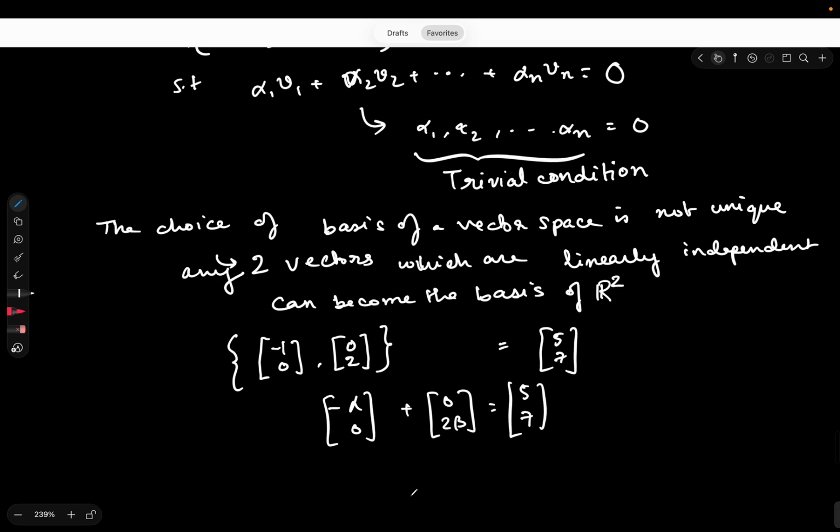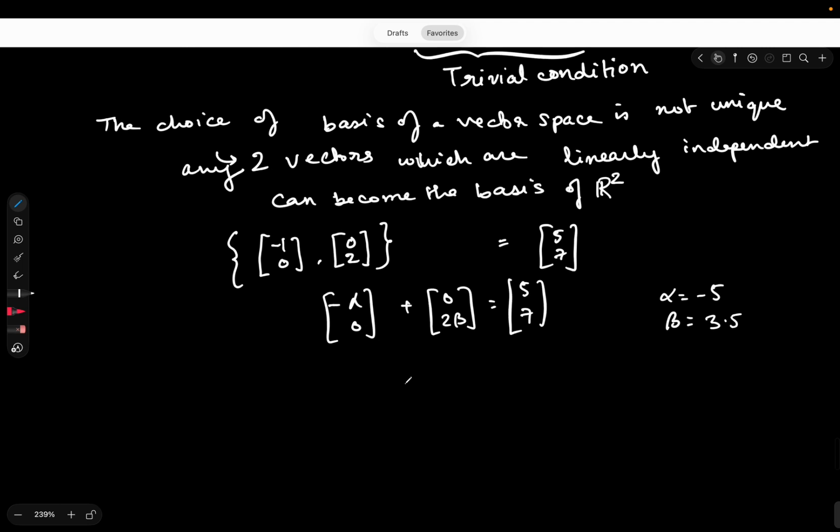So we get to know that alpha equals -5 and beta equals 3.5. And if you actually do it, you will notice that -5 into (-1, 0) plus 3.5 into (0, 2) is actually (5, 7). So this can also be called a basis for R2.